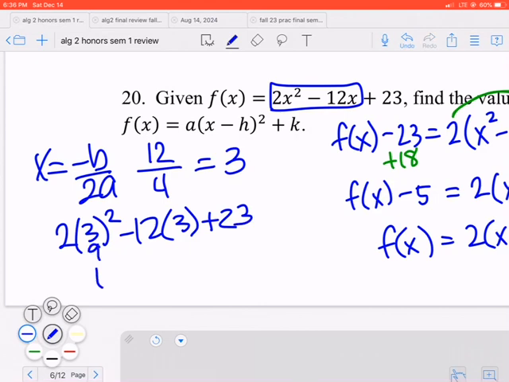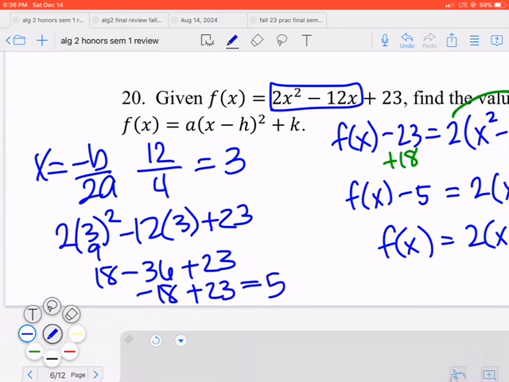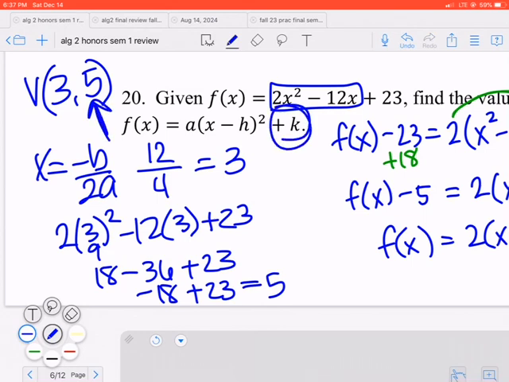That's 9. That's 18 minus 36 plus 23. That would be negative 18 plus 23, which is 5. So that told us that the vertex is 3, 5, which we know that number is this number if I take this and write it in vertex form.